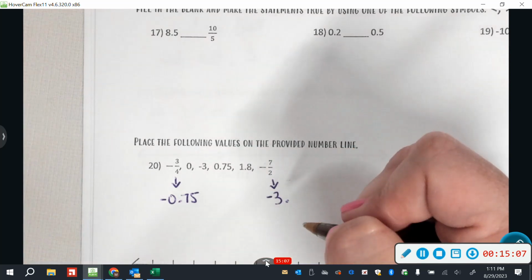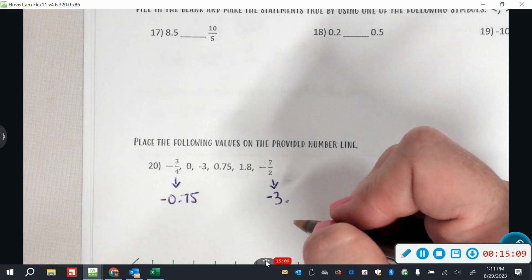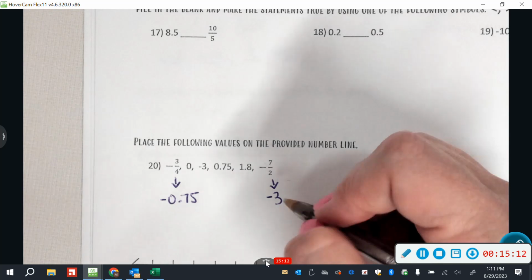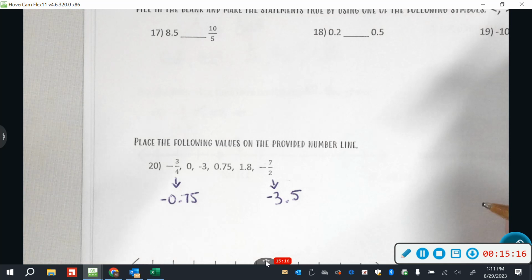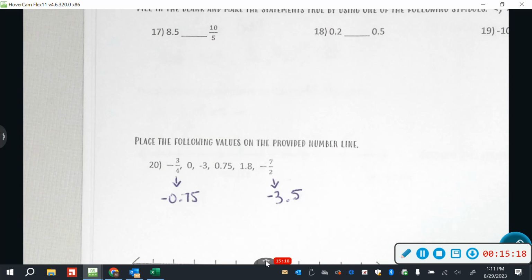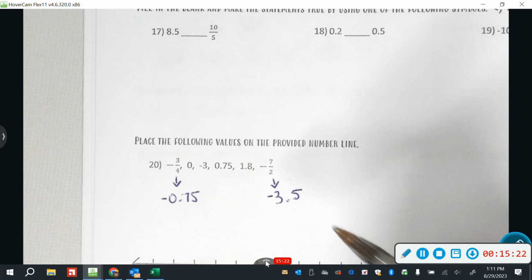With what remaining? So 2, 4, 6. So you have 1 remaining, right, to get to 7 over 2. So it's actually 3.5. Typically, will you have a calculator to divide that? Yes. So you don't have to know that by your head. So that is what I'm giving y'all. So this is what you're working on.